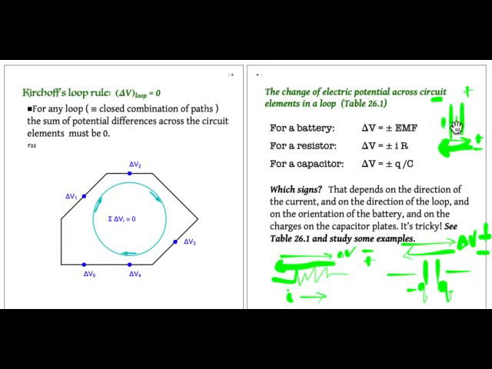You know, is the battery in this orientation or is the battery in this orientation? That will make the change in potential different. And it also depends on the charges on the capacitor plates, which you don't know when you start doing the calculation. So you have to make a guess. So you make an educated guess, and then you calculate the change in potential based on that guess. So it's tricky.